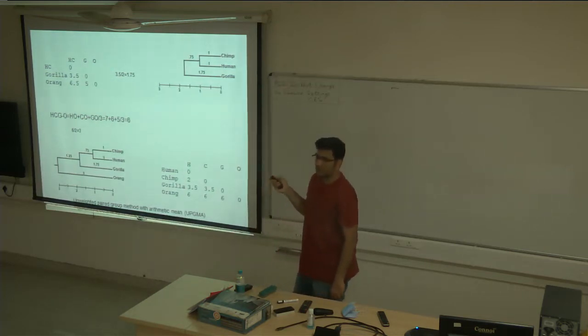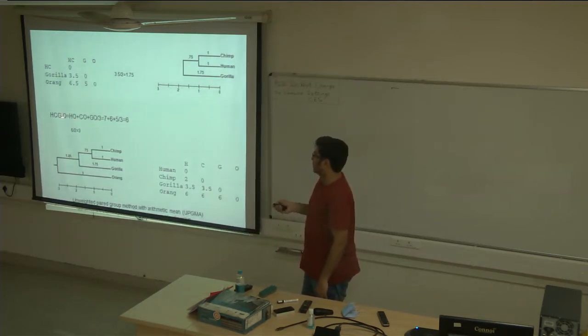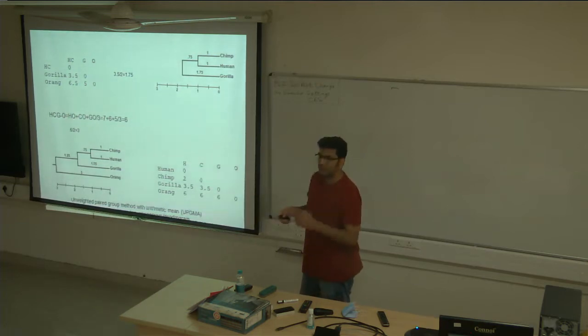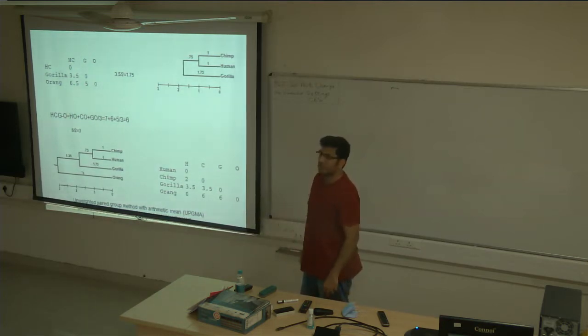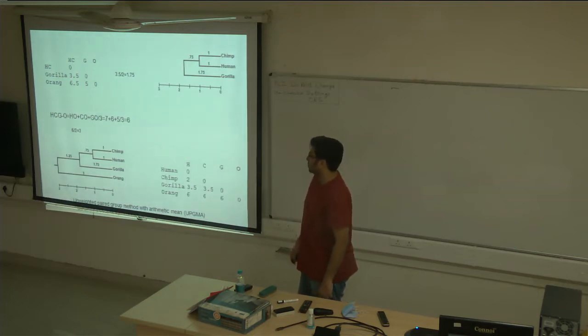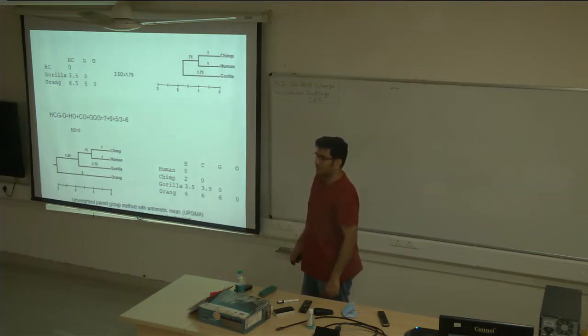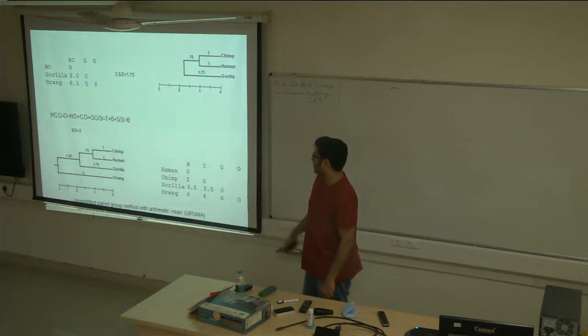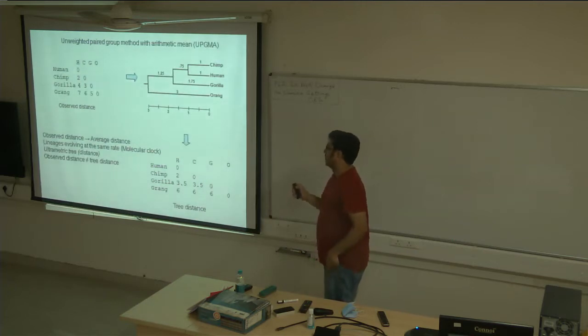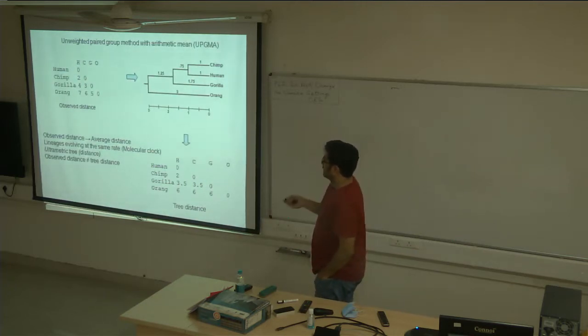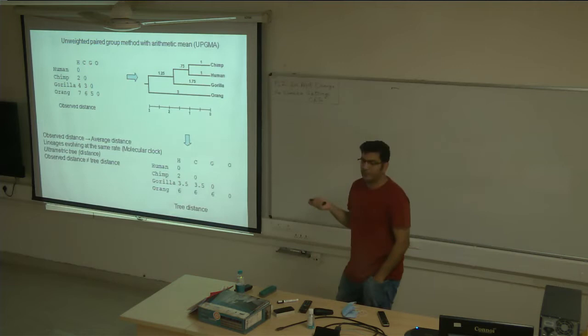For example, that equation will now change if you use weighted pairwise. The equation will change to HO plus CO divided by 2, plus GO divided by 2, instead of HO, CO, GO all divided by 3. So these are some of the pitfalls of using UPGMA.